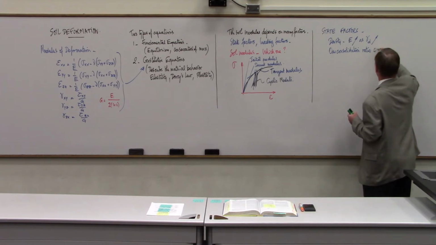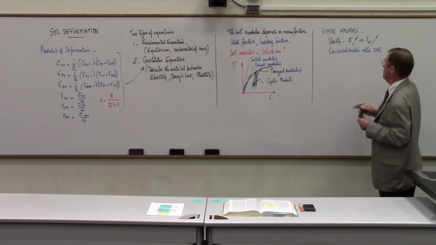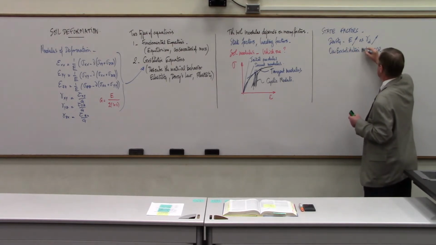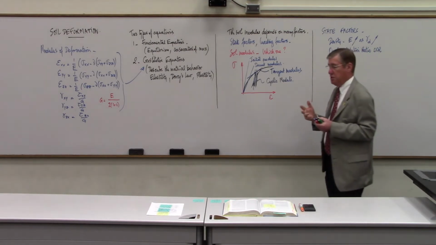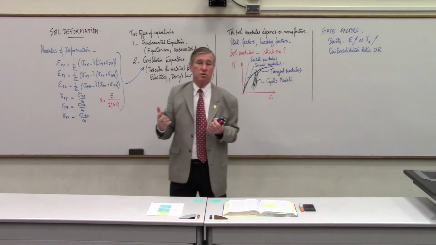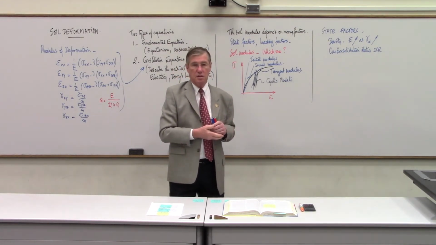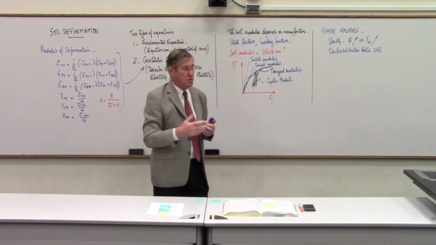So this one is typically, as an acronym, OCR. The over-consolidation ratio, OCR. And this is associated with the highest stress that the soil was subjected to in its history divided by the current stress.